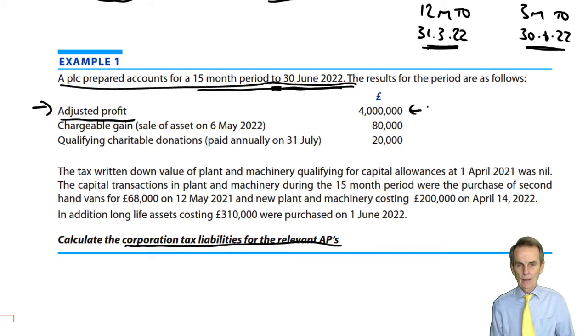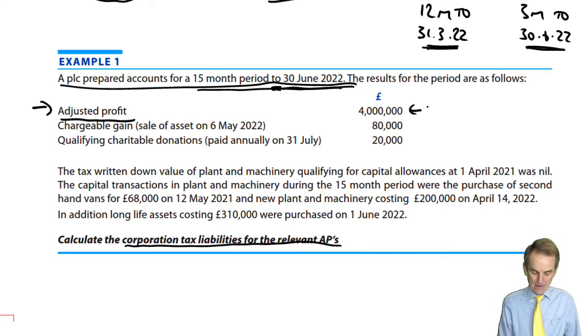Now, of course, that figure you may have to work out for yourself. You may, and certainly would, in a section C question, be given the statement of profit or loss, and you would have to do your adjustment of profits for that period. Here, a 15-month period, we've done that for you. We've added back the non-allowable expenses.